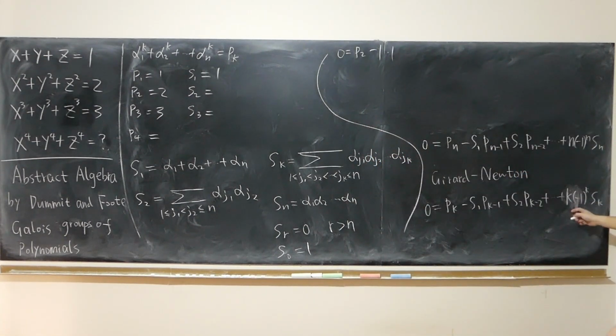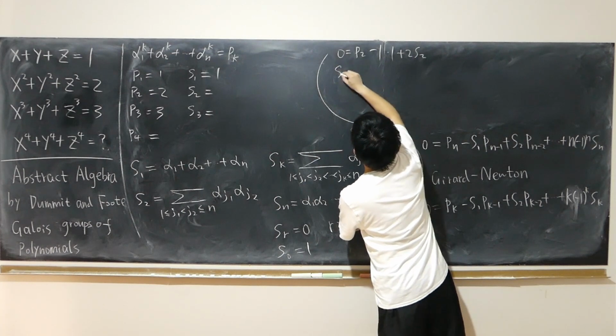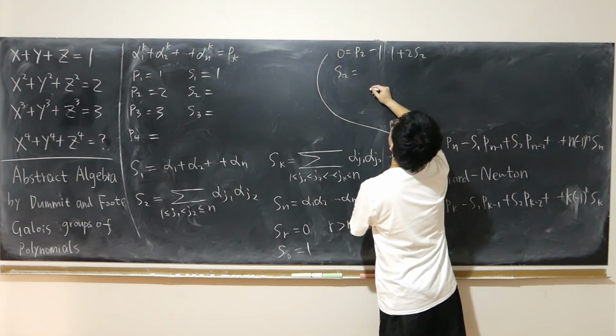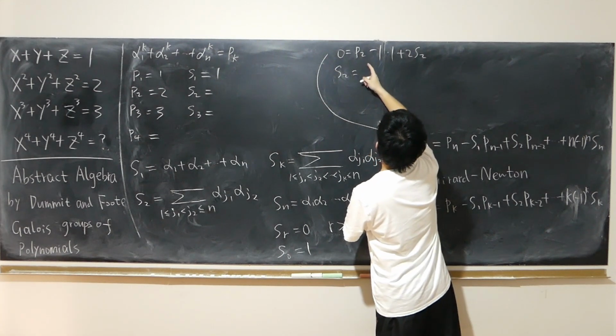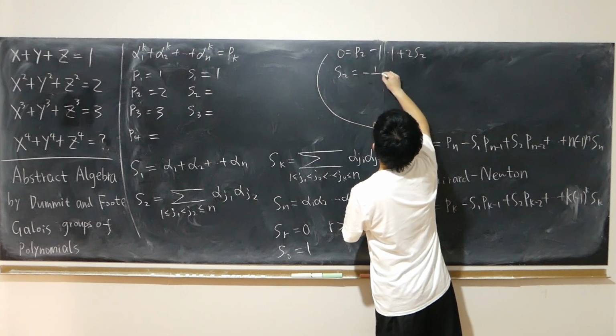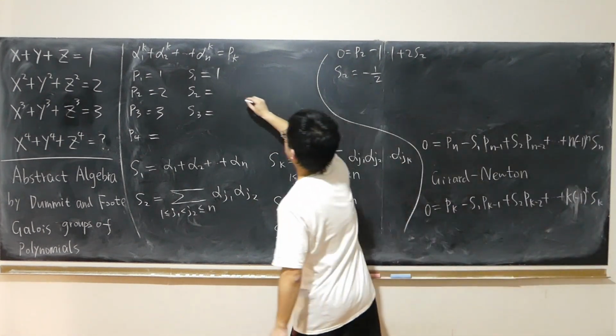Plus 2 times S2. So S2 is equal to, P2 is 2, right? P2 is 2. 1 minus 2 over 2, negative half.